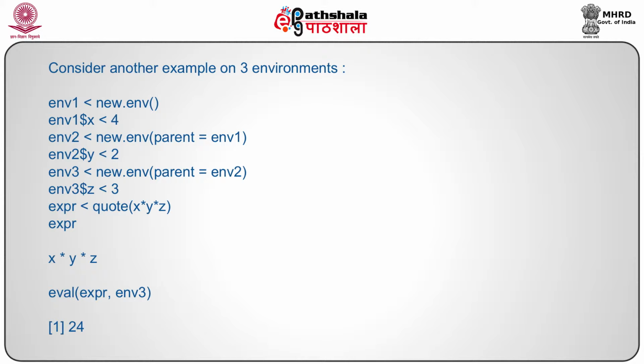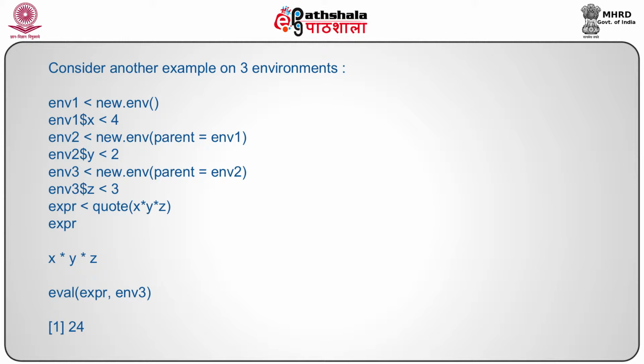And finally, to add the next one, that is environment 3, here we are using environment 2 as the parent and z to be 3. So here is the code through which we can assign the values of x, y and z, and we can assign the environments as well.